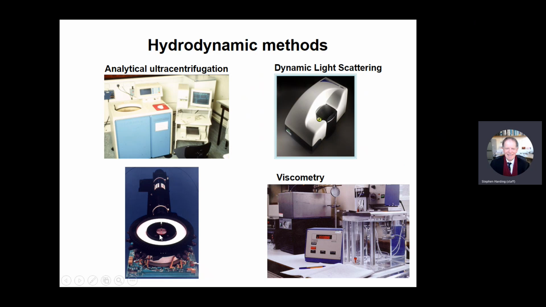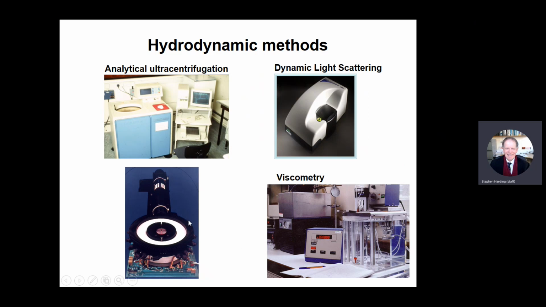As it flows through very slowly, a beam of laser is shone through the solution. When it comes off a column, you have the larger molecules coming off first and the smaller molecules if you've got a mixture.